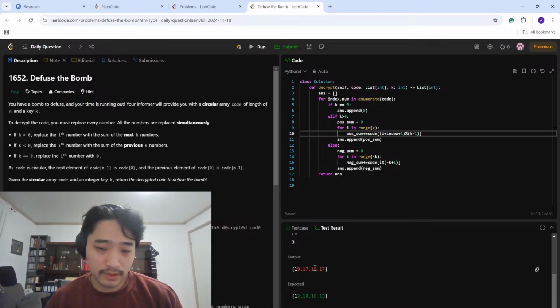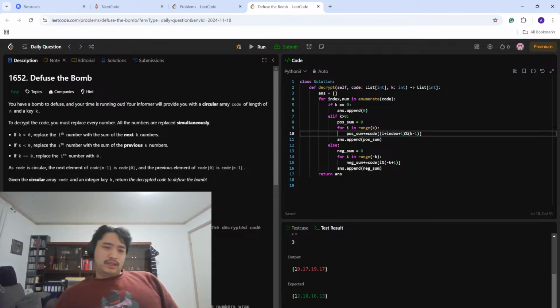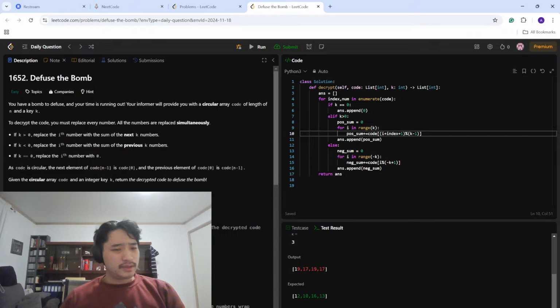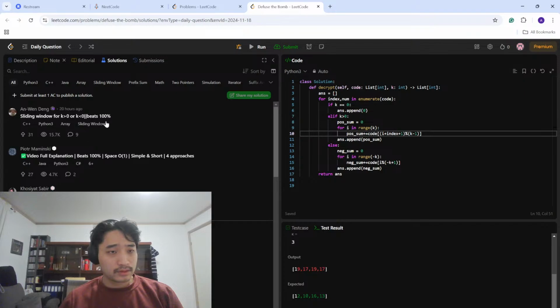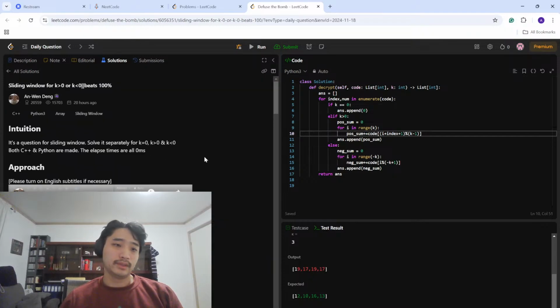Seven, 3, 4, 7. I could have used sliding window. I'm a dumb fuck.